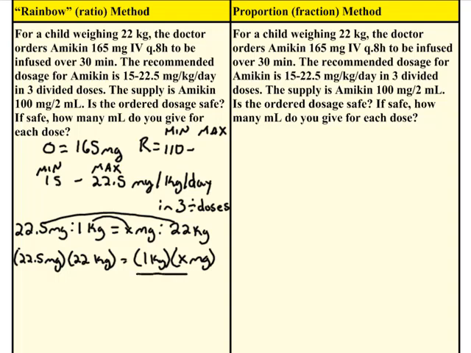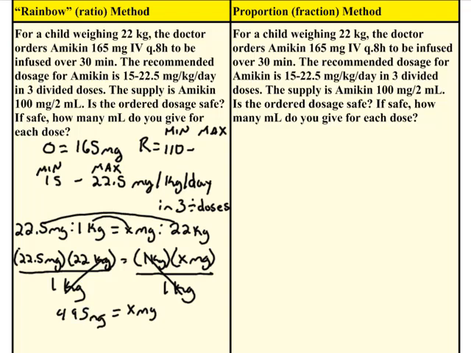We then can divide both sides by 1 kilogram. This gives us our x milligrams by itself, and we can see that the maximum amount of milligrams we can give per day is going to be 495.